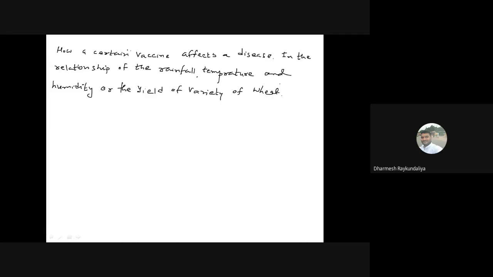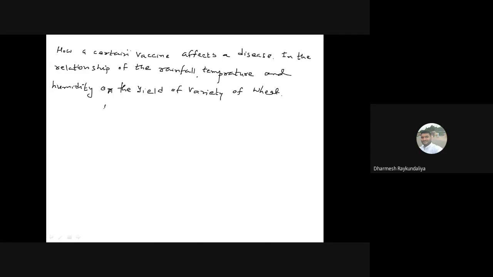So I wish to identify what is the impact of rainfall, temperature and humidity on the yield of a variety of wheat. I wish to find out what is the production of wheat if it is of a different variety and the amount of rainfall, temperature and humidity information is available to you. So I wish to establish the relation between all these variables. This scenario we can observe in day-to-day life.